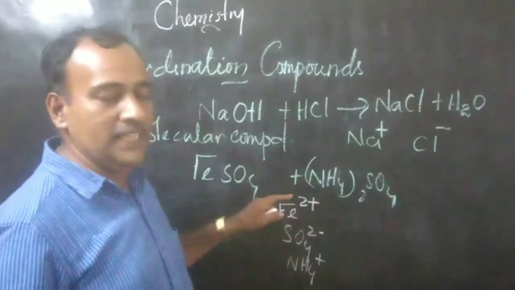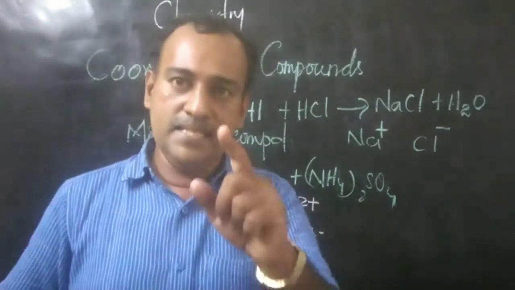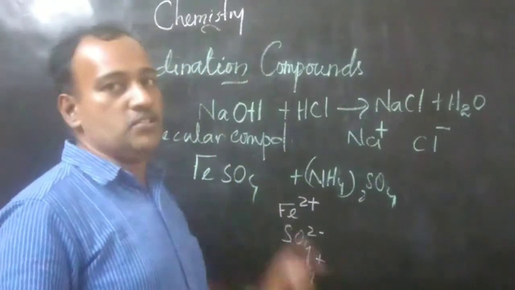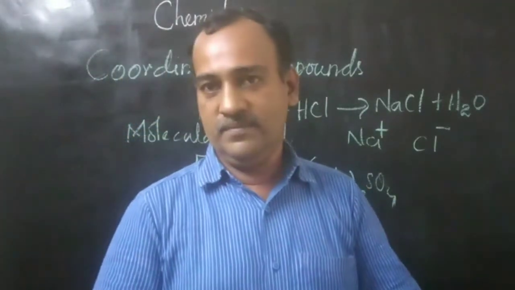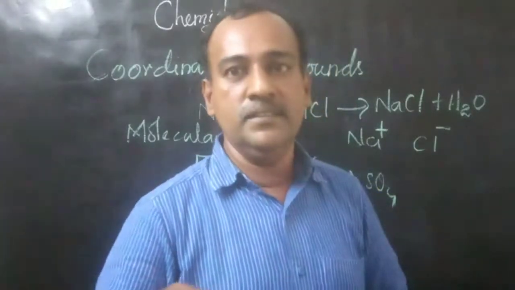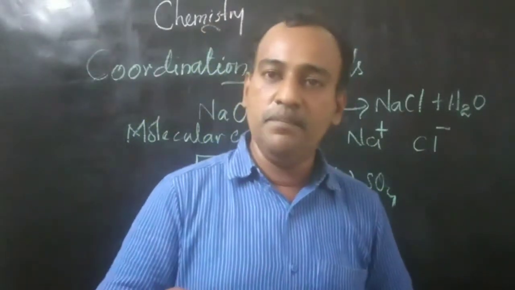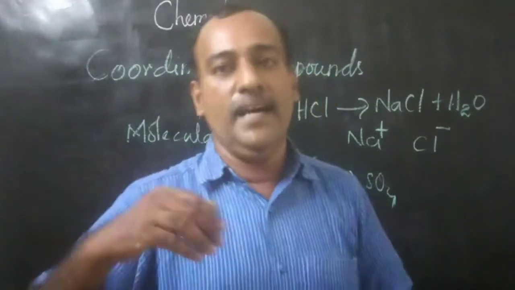If we have only one cation and one anion, then we can call it a simple salt. Since it is produced from two simple salt solutions, it is called double salt. That means a double salt in aqueous solution exhibits the properties of all the constituent ions.